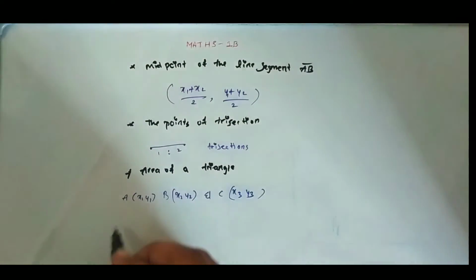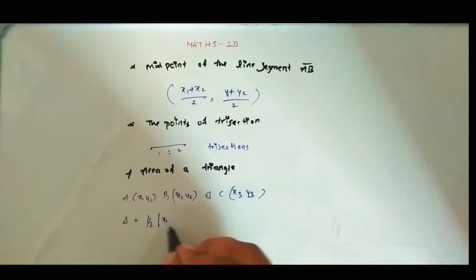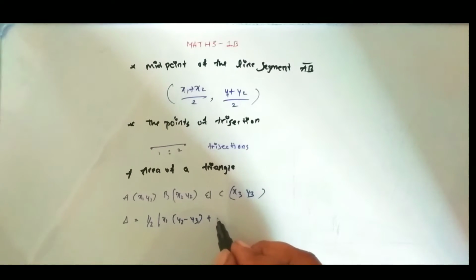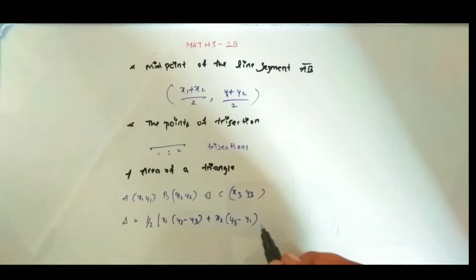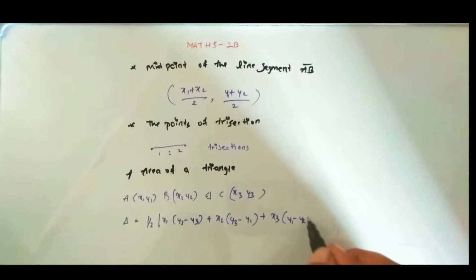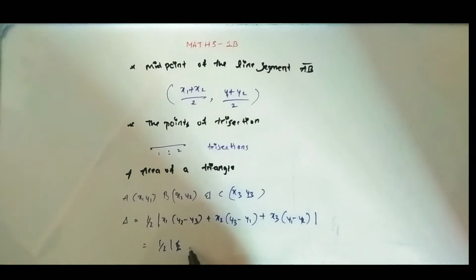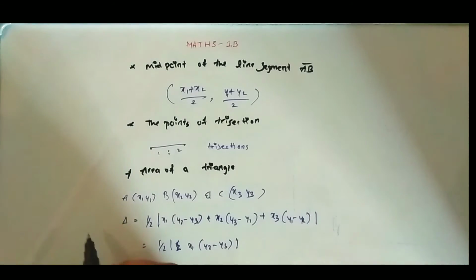Now the formula is delta is equal to 1 by 2 mod x1 of y2 minus y3 plus x2 of y3 minus y1 plus x3 of y1 minus y2 mod. We can also consider it as 1 by 2 of sigma x1 of y2 minus y3. This is the first formula.